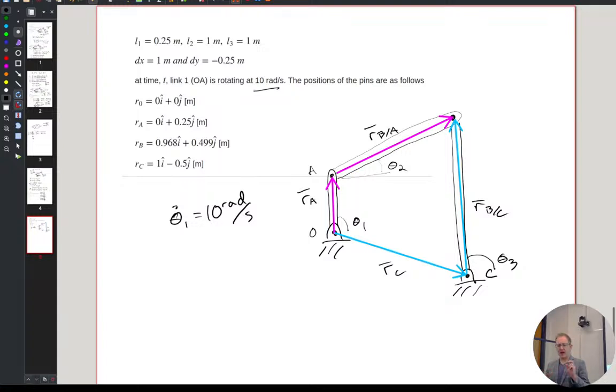So we changed how this thing is mounted. We took the same bars but just moved where point C was. What does that do to our vector equations? What happens now for constraint equations?